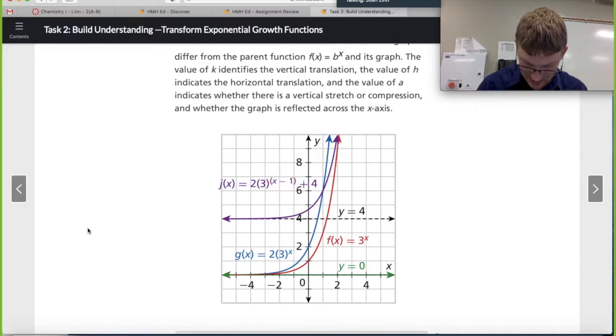So notice we've got our asymptote, and then we cross the y-axis 2 above our asymptote. We moved it up 4, so here's our asymptote, and then we moved it to the right 1, so then it crosses right here, 2 units above where the asymptote is. So this is all going to come into play later on, so that's why I bring it up.